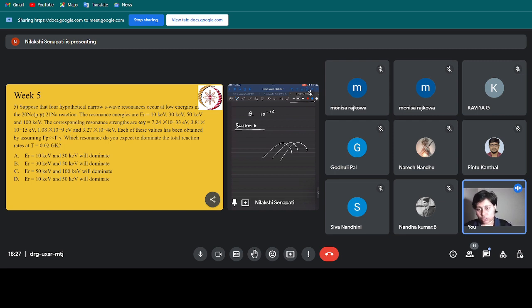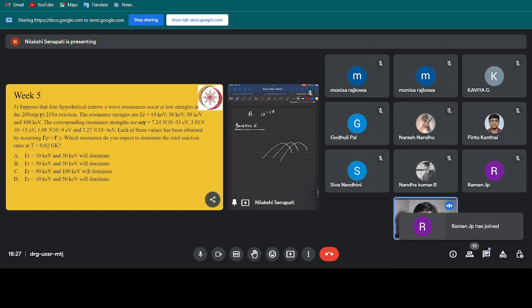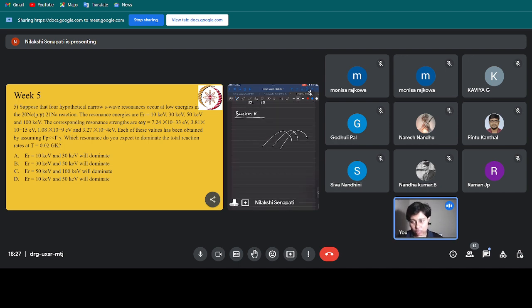Those are closer to the other things. So in this question they are showing so many data, like this is this, that is that, but this is just a purely informative question, and you just need to know about the gamma peak and the gamma factor, and what the resonance energies are, and which energy the peak is taking over. Then you can solve this question, and the answer is the 30 kiloelectron volt and 50 kiloelectron volt, which will dominate over the others.